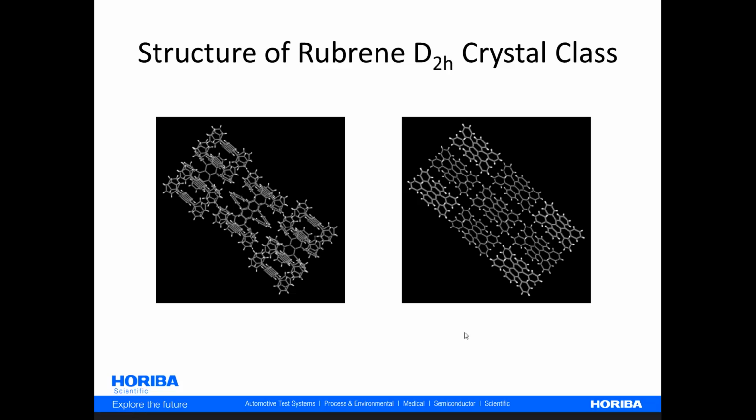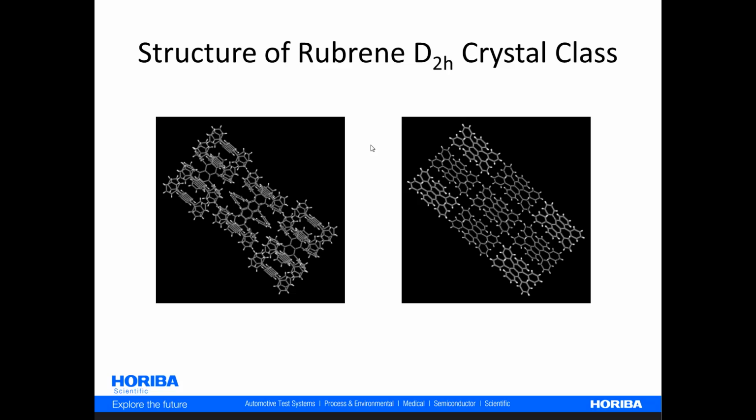Well, here are 2 diagrams of rubrene in the D2H crystal class, and they're essentially the same crystal structure, but they're just oriented differently. So you look at them and you say, my, they're really quite different. Well, no, in fact, they're the same crystal structure, but we're just looking at them along different axes.